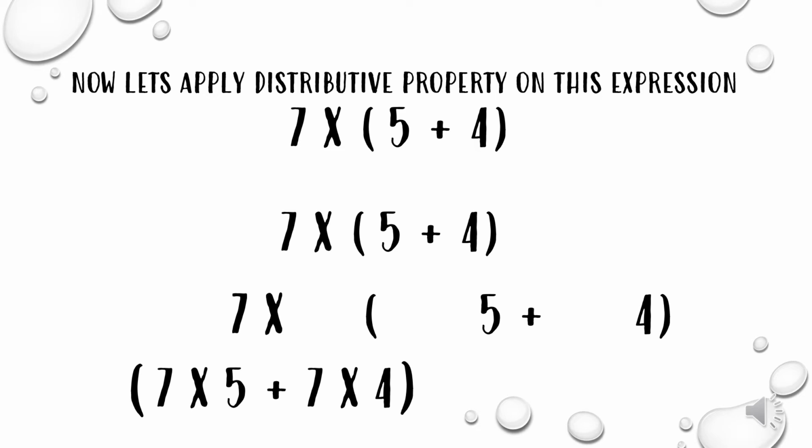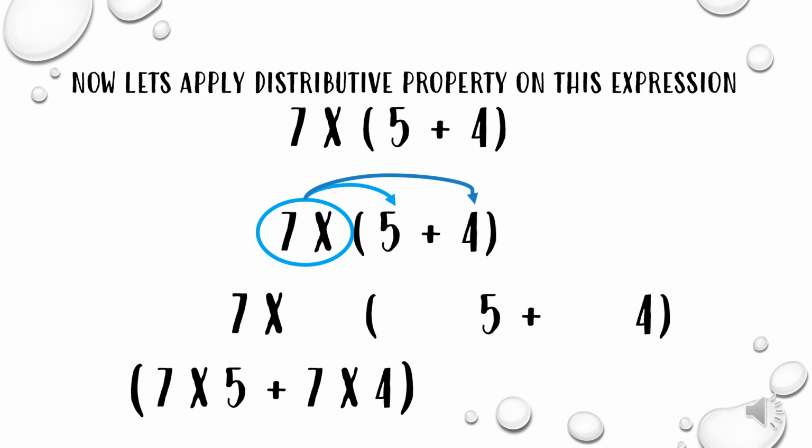Now let's apply the distributive property on this expression and see how it will help you. The expression is 7 times the group of 5 plus 4. Here 7 is a factor which is common for 5 and 4, right? It means you can distribute 7 to both 5 and 4.